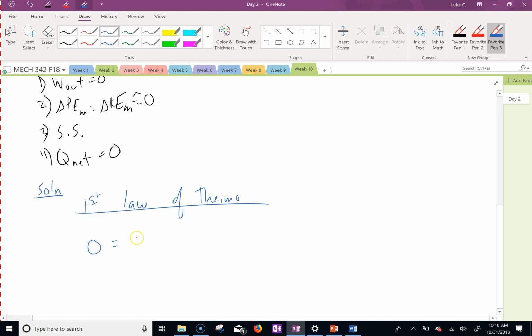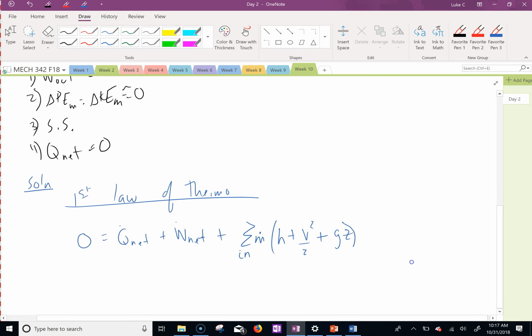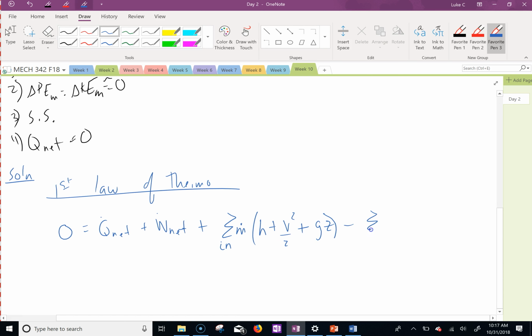So 0 equals Q dot net plus W dot net plus the summation of m dot times, what was it, H, and this is in, plus V squared over 2 plus gz, minus everything out.